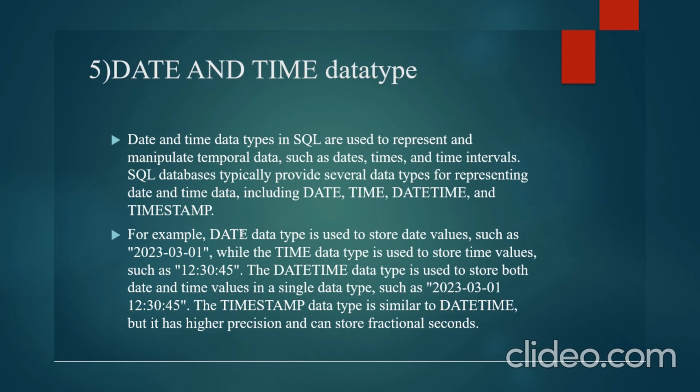The time data type given here is 12:30:45. Here 12 indicates the hour, 30 indicates the minutes, and 45 indicates the seconds. The datetime data type stores both date and time, that is 2023-03-01 12:30:45.